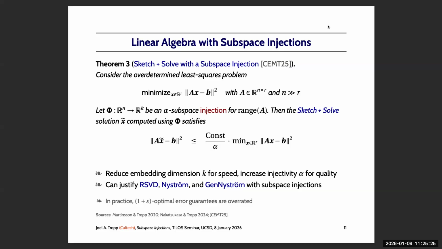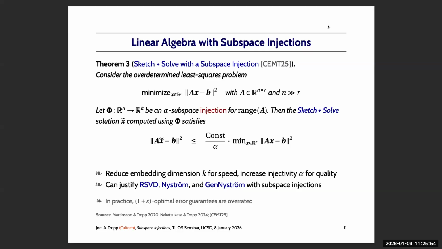Okay. Good. So again, there's a tension here. We want the embedding dimension k to be as small as possible so the algorithm's fast, but we also want the injectivity to be close to 1 so that we don't eat an extra factor here. Now, this is just a sample result, which tells you that the subspace injection property already is enough to guarantee that we can do sketch and solve for overdetermined least squares.